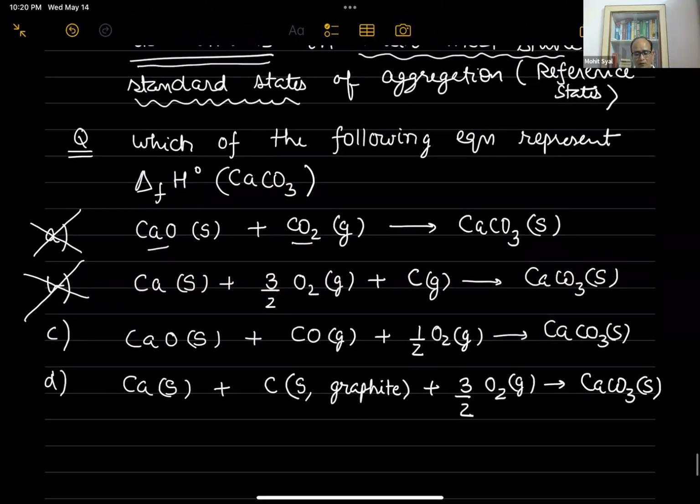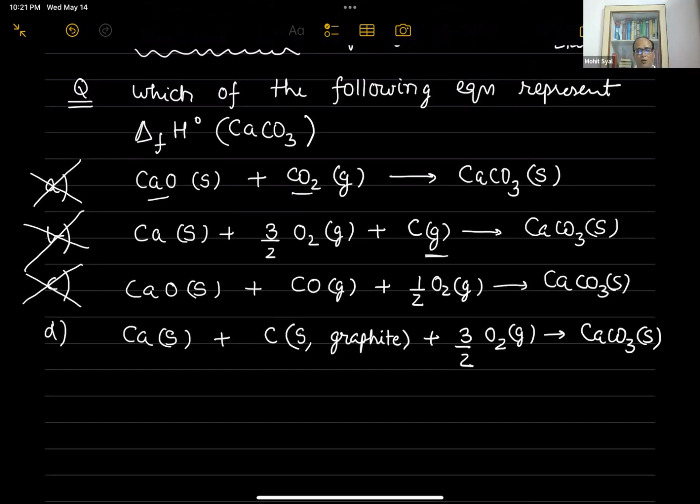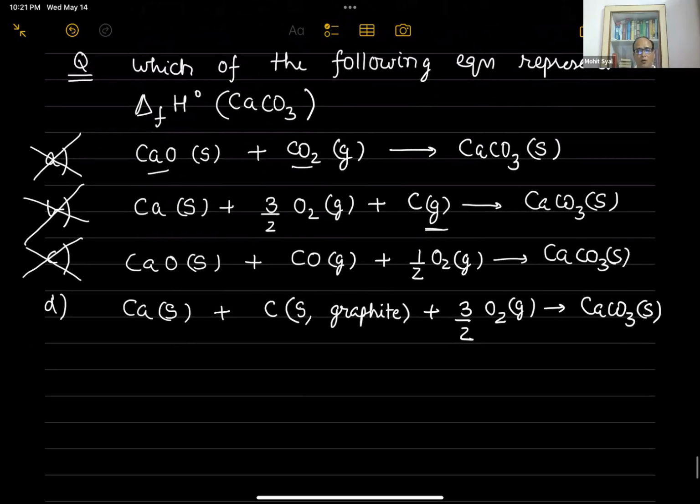So just because of this, it has gone wrong. Definitely this is wrong because this is not representing the enthalpy of formation of calcium carbonate, because I have taken two of the substances as compounds.